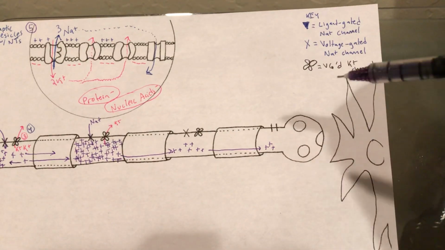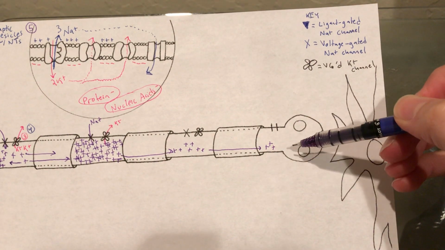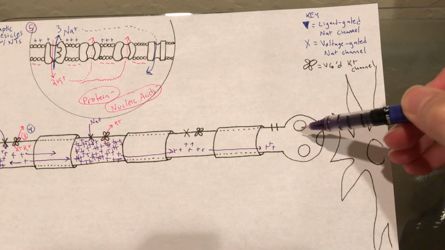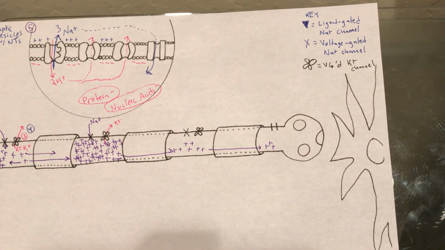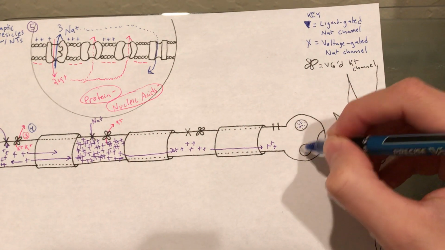And this is where things are a little different finally. So at the end of the axon, we have our axon terminal. Once again, we have our synaptic vesicles with our neurotransmitters. So we know that there are neurotransmitters inside of that.